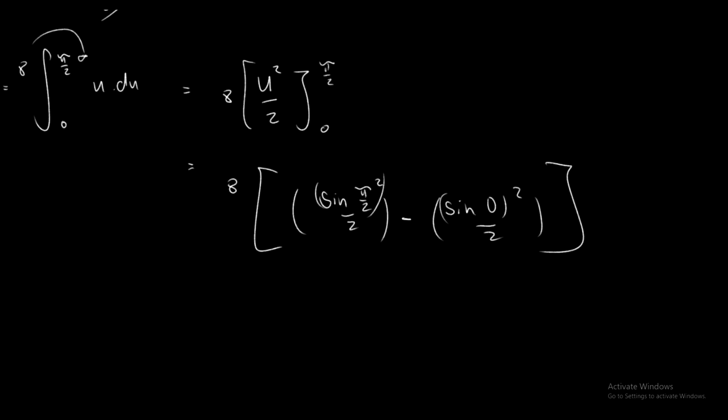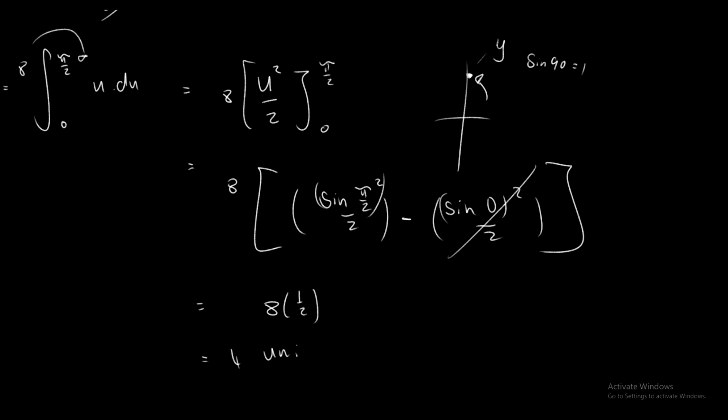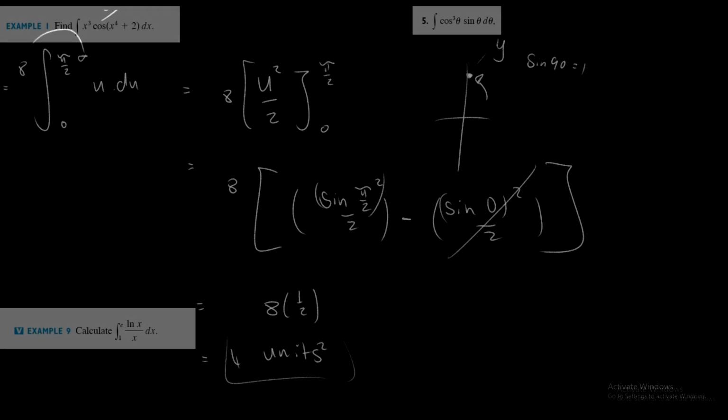And then, well, this is pretty straightforward. Sine 0 is 0, so that cancels out. Sine 90 can be found at this particular point. So we know that sine correlates to my y coordinate on my axis. So therefore, sine of 90 is 1. So this will be 1 squared over 2, which is simply 1/2. And so my final answer will be 4 units squared.